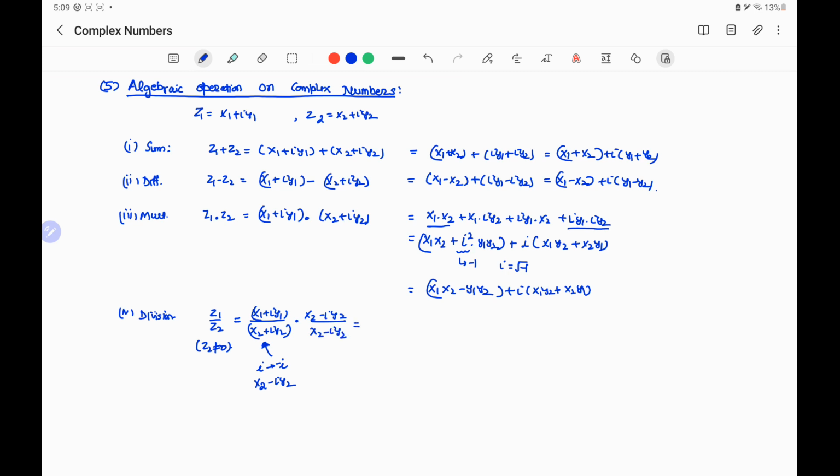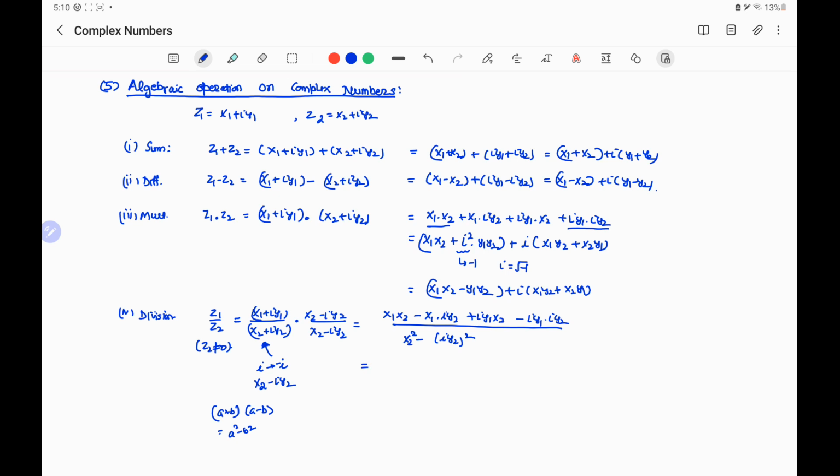And further simplify it, so the numerator will become x1 x2 minus x1 into iy2 plus iy1 into x2 and then minus iy1 into iy2, divided by, and the denominator will become, here it is of the form (a plus b) into (a minus b). So we can write it is a square minus b square. So we will have x2 square minus (iy2) square.